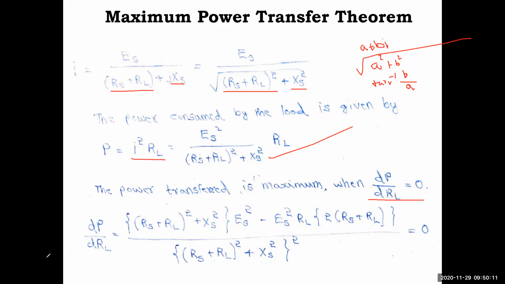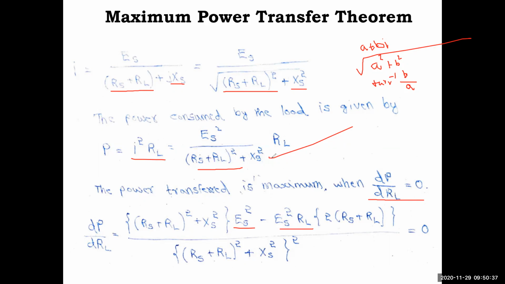If you find that, again we use the U by V formula. V is RS plus RL whole square plus XS square, same as it is I am writing, into the differentiation of U, which is RL, that will give 1. ES square is constant so it will remain. Minus U, which is ES square into RL, into the differentiation of this term, 2 into RS plus RL.